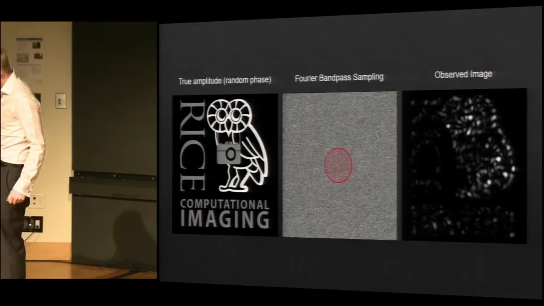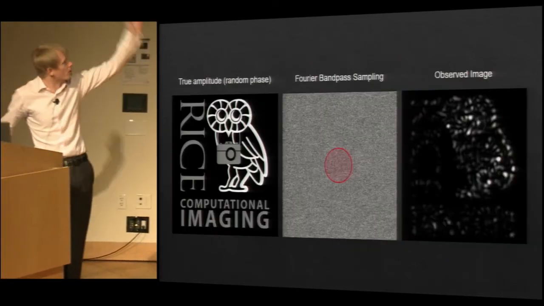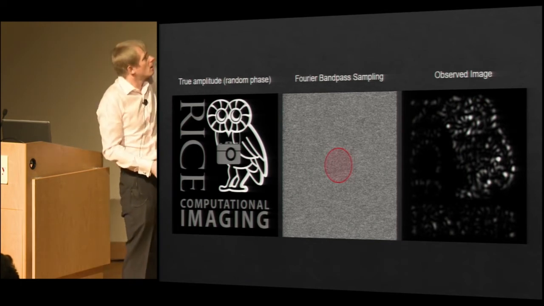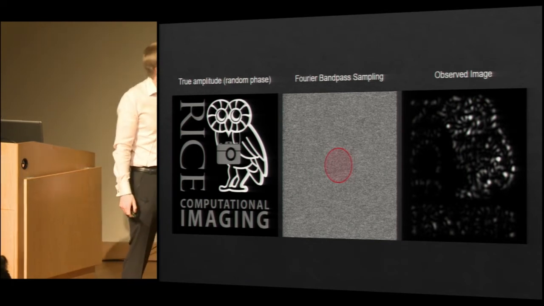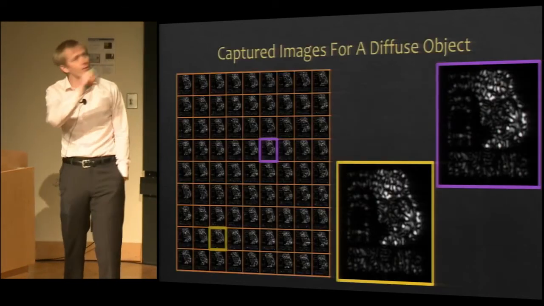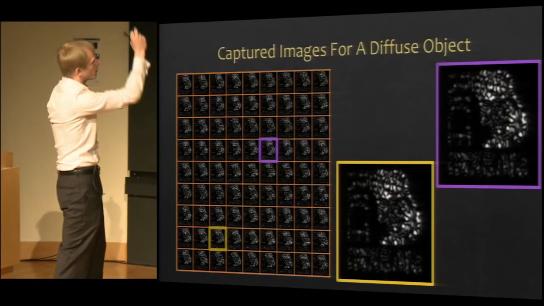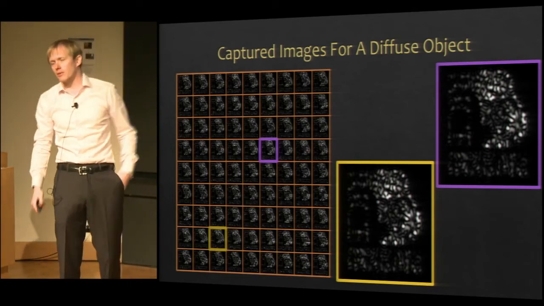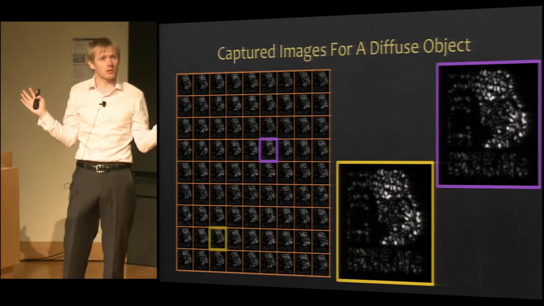So the observation that we would make, so if we run the same experiment but allow it to have some random phase, we see that our observed image is not quite the same. And in fact, if we were to move into different regions of the Fourier domain, all of our observations are seemingly identical to the eye, right?